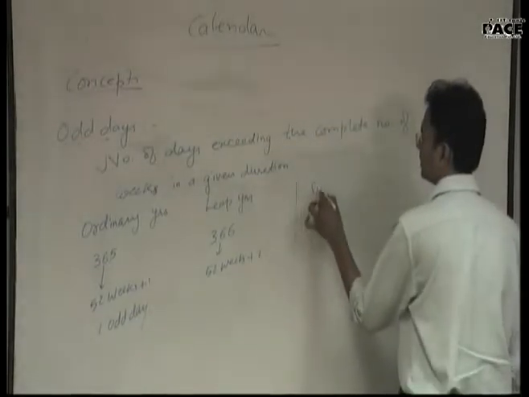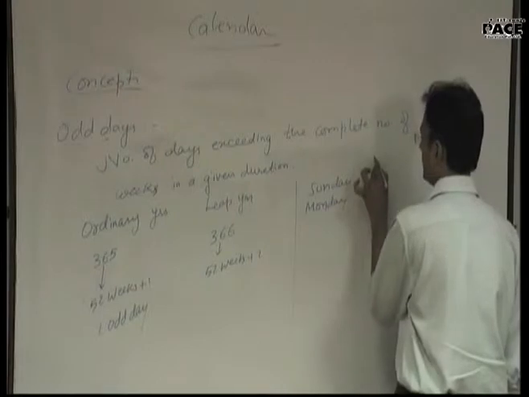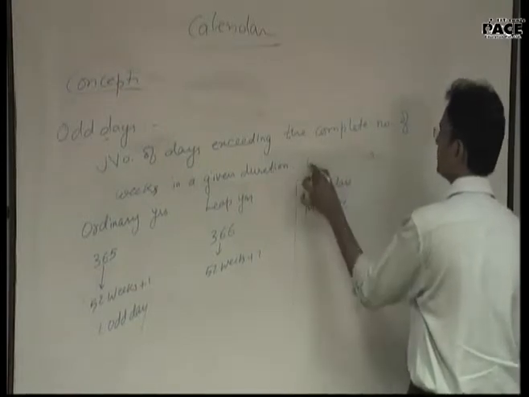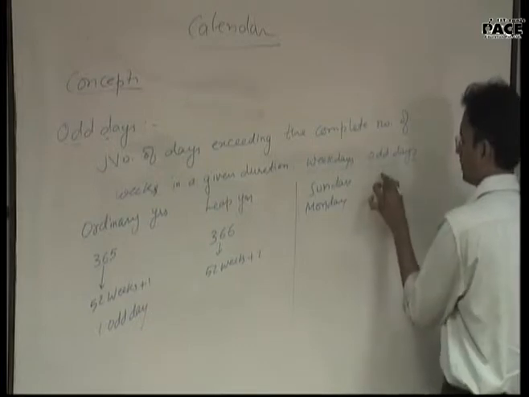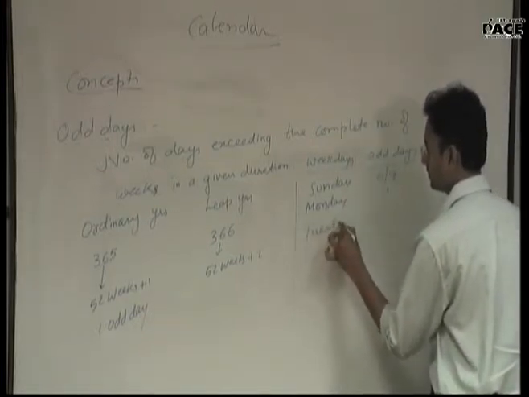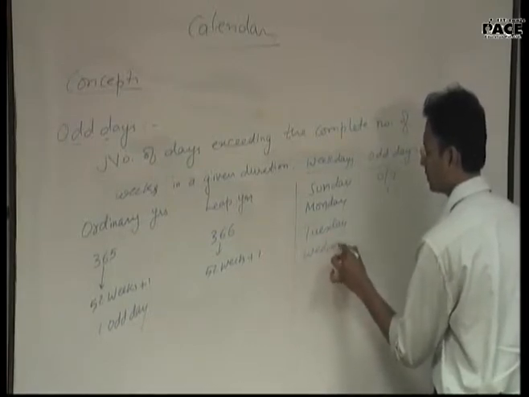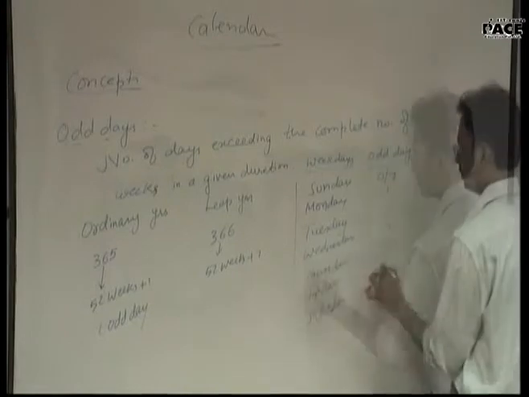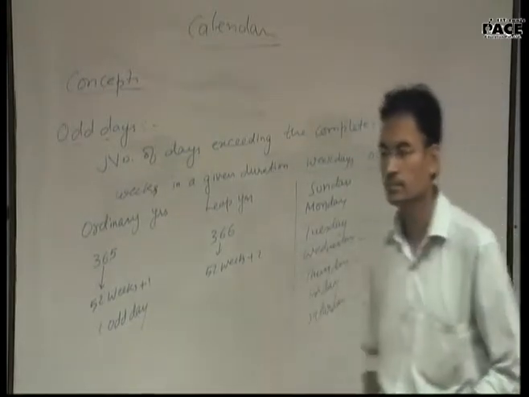We'll have Monday, and their odd days, 3 days, 0 or 7, 1, 4, 5, and 6. This will follow.